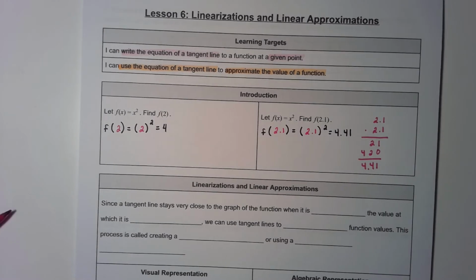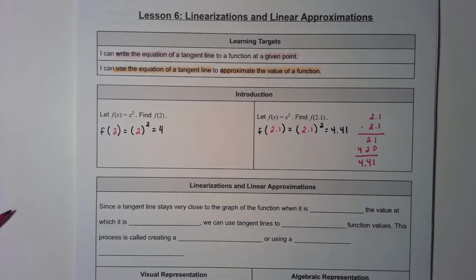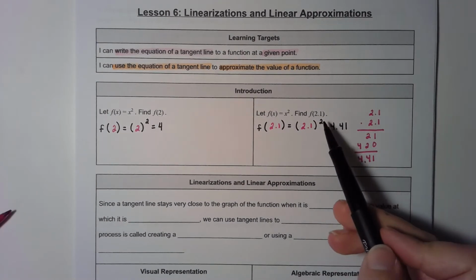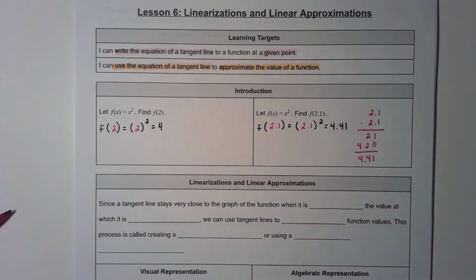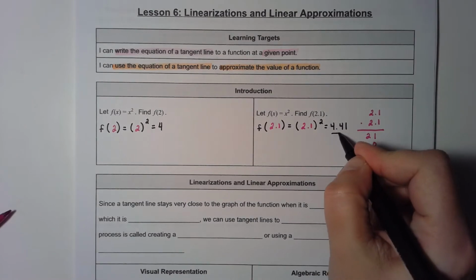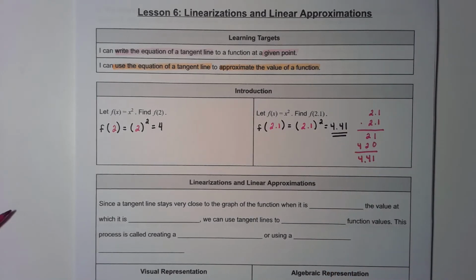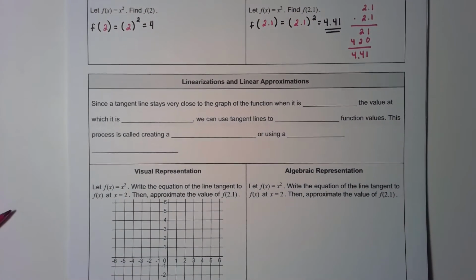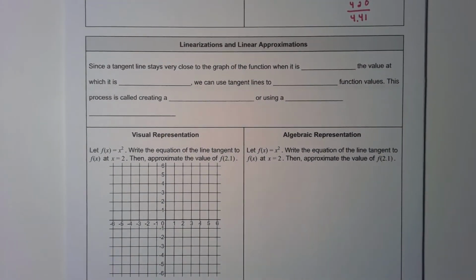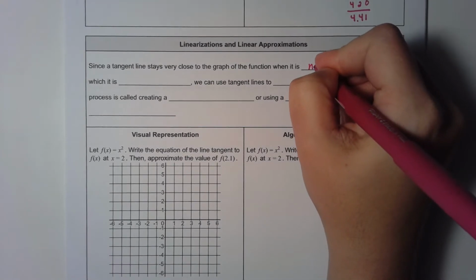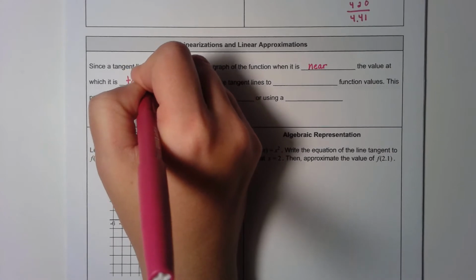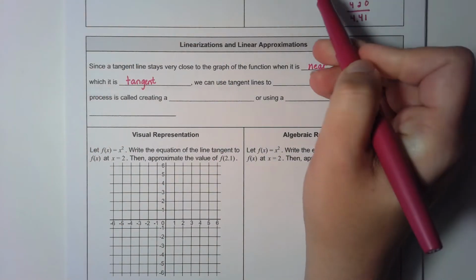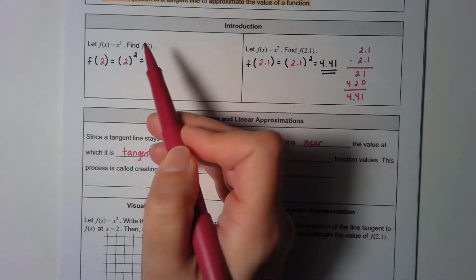So the idea here is that when we want to estimate these function values for numbers that are not so easy to plug in, so not so nice numbers to evaluate with mental math, we can estimate this value using a tangent line. Since a tangent line stays very close to the graph of a function when it is near the value at which it is tangent, for example, in this case, the 2.1 was close to the value 2.